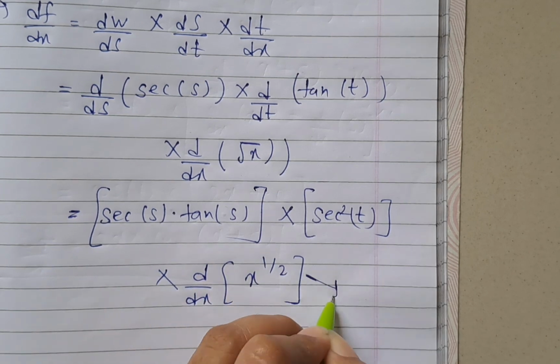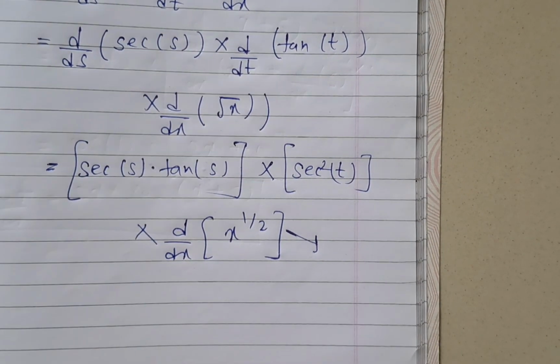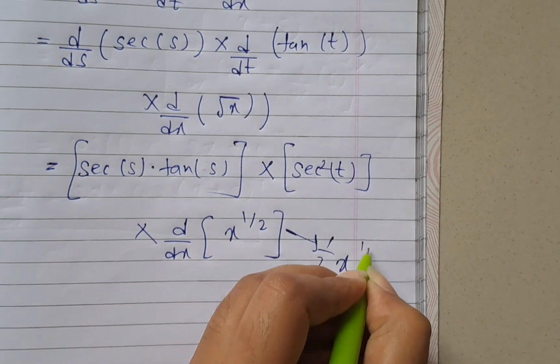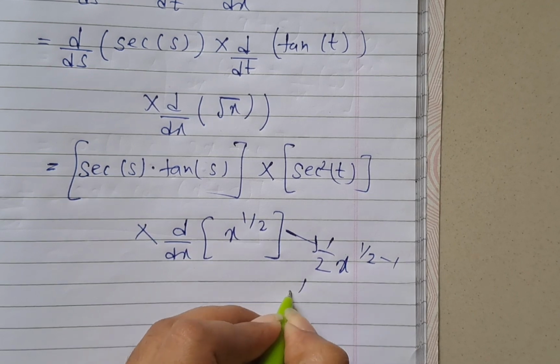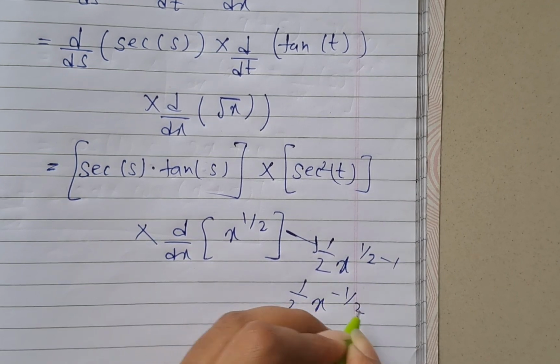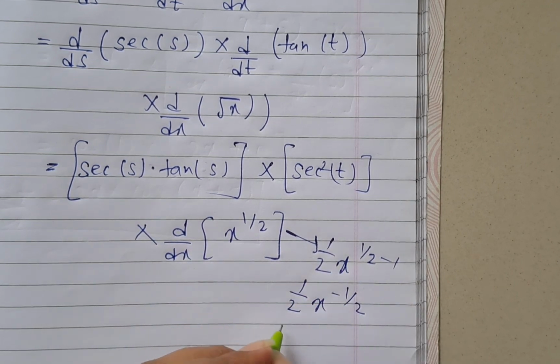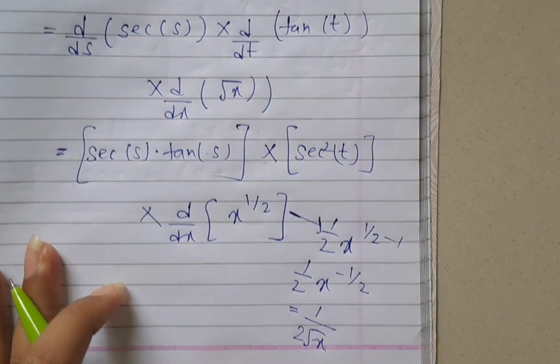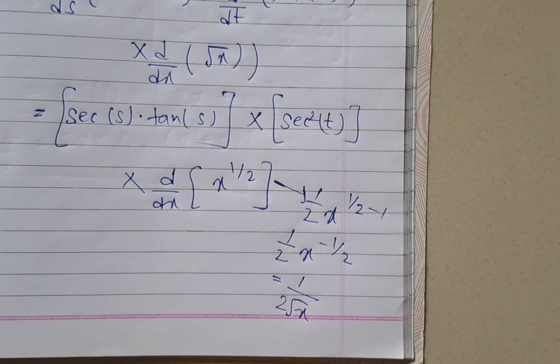So I'll just solve it separately over here. So this is n, half. So it will be half into x raised to half minus 1. So it will be what? Half into x raised to minus half. Half minus 1 is minus half. So it will be equals to 1 upon 2 root of x.